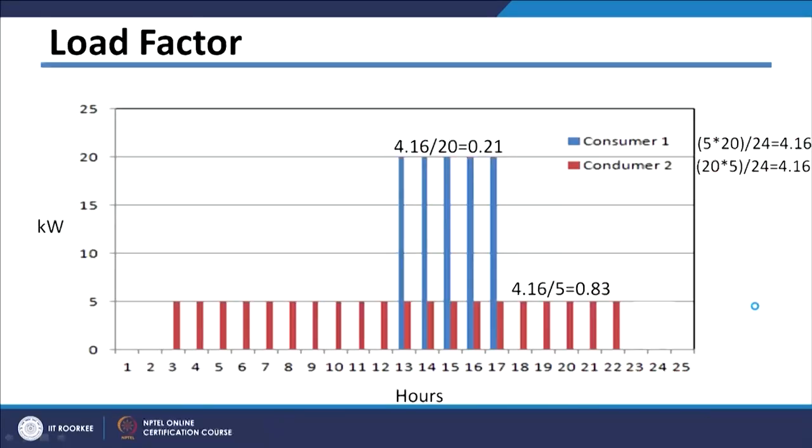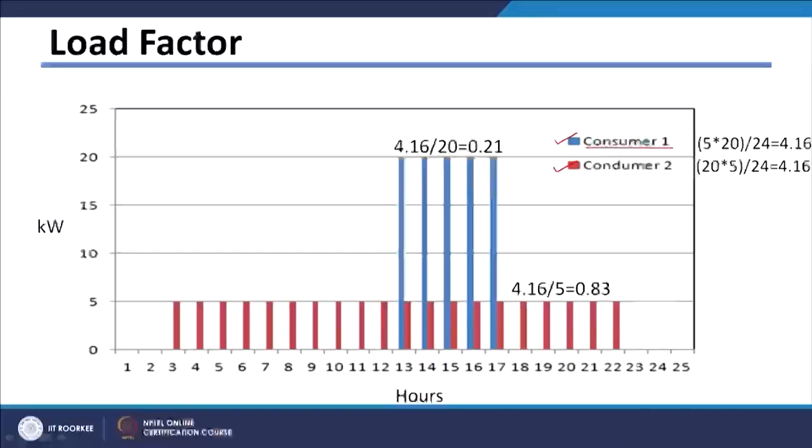Why we need it near to unity can be explained in this particular figure. If you observe this figure, I have shown two consumers, consumer number 1 and consumer number 2, and suppose these consumers are charged only for their kilowatt hour consumption.